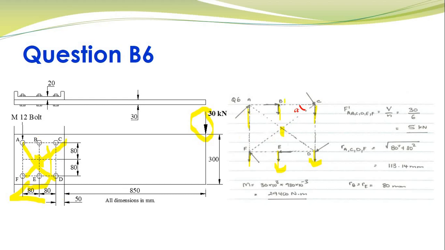So on these lever arms I have to represent forces such that they also represent a moment which is clockwise about this centroid. So your moment has to be in the clockwise direction. Moment is force times perpendicular distance.